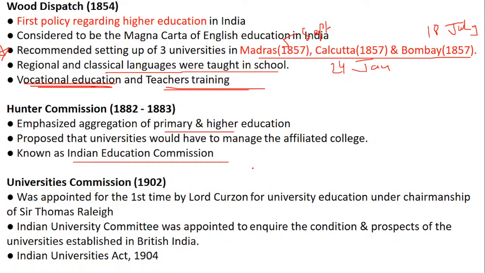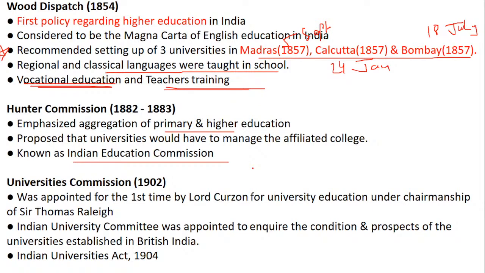I have not added many of the years, because it should not feel like you don't know anything. These lectures are crash lectures, just to put everything in your mind in the form of recall. So be careful: Hunter Commission emphasized primary and higher education, is also known as the Indian Education Commission, and was the first Education Commission, in the year 1882. Keep that in mind. Rest, no other important point is there; this much is important to remember.